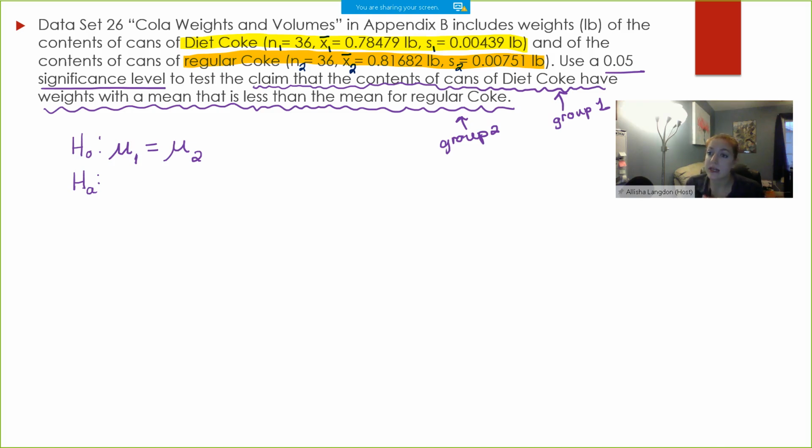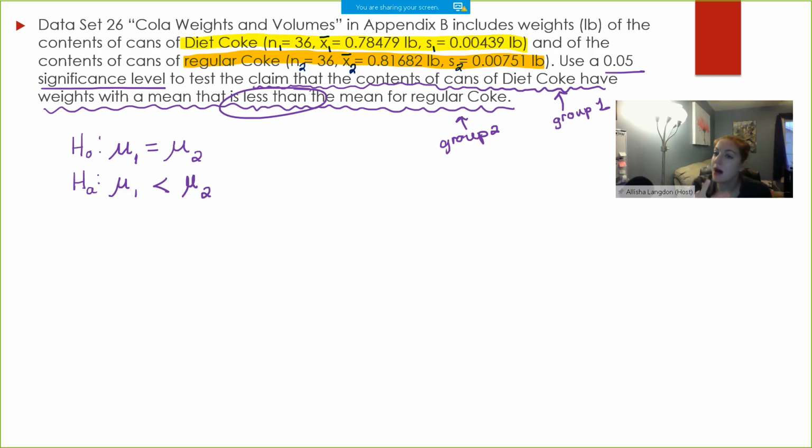What do you think the inequality is going to be for our alternative hypothesis? You always want to put your mu1 first and mu2 second. Less than? Yes, absolutely. And the reason for that is they literally say less than. Smaller, less than, anything like that means less than symbol.